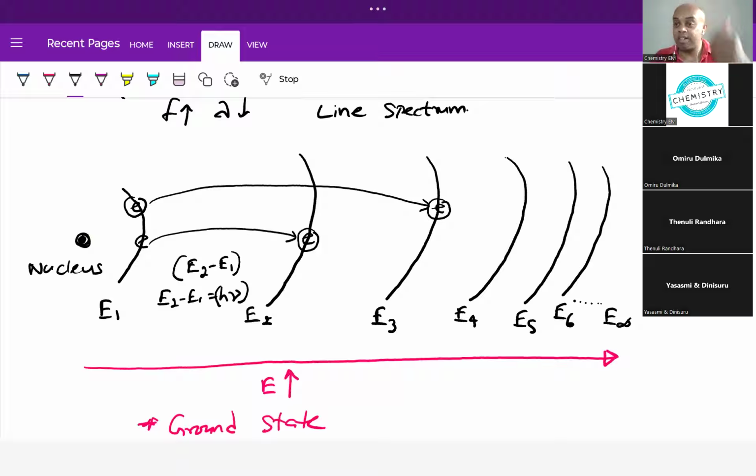It would need higher energy because E3 minus E1 is larger. So this energy is E3 minus E1, which will be h nu 1. Sorry, let's say this is nu 2. Nu 2 is greater than nu 1 here. So this is E3 minus E1.